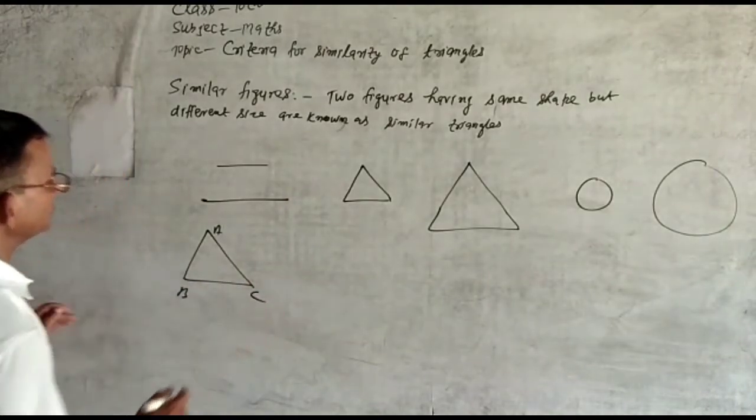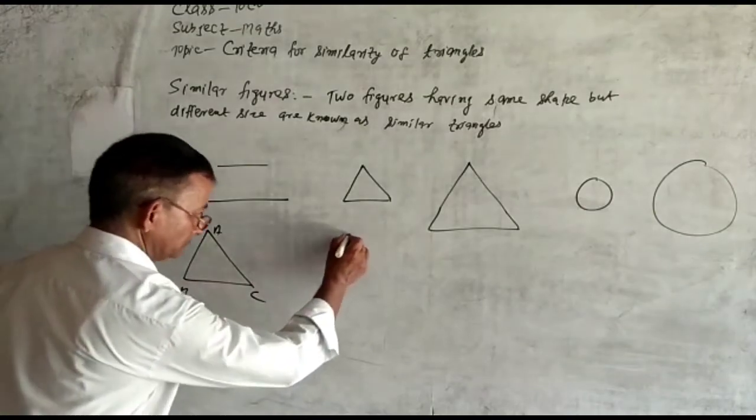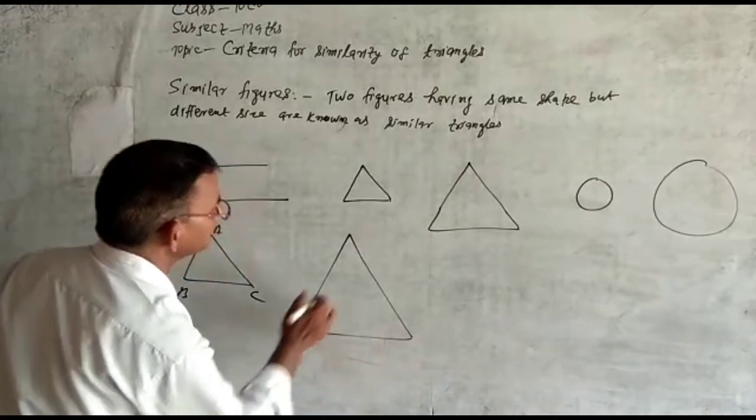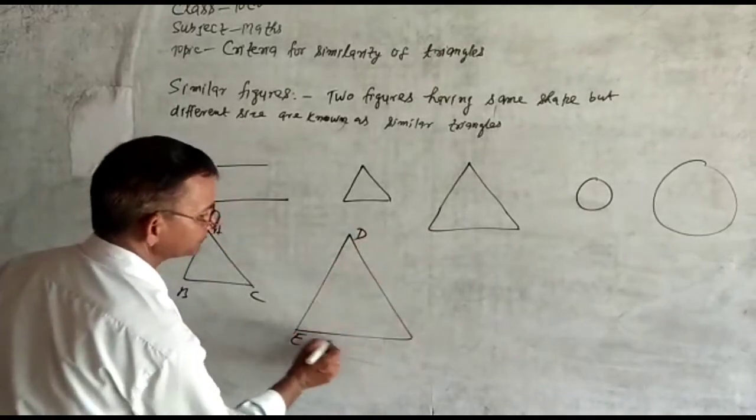Suppose this is triangle ABC and this is triangle DEF.